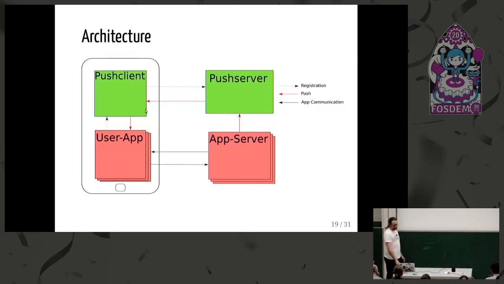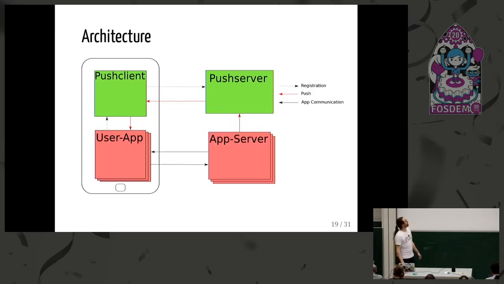So when you install an app, it registers to the push client on your phone and asks it for a push token. The push client registers with a push server. The server generates a token, sends it to the client, sends it to the app, which then sends it to the app server.